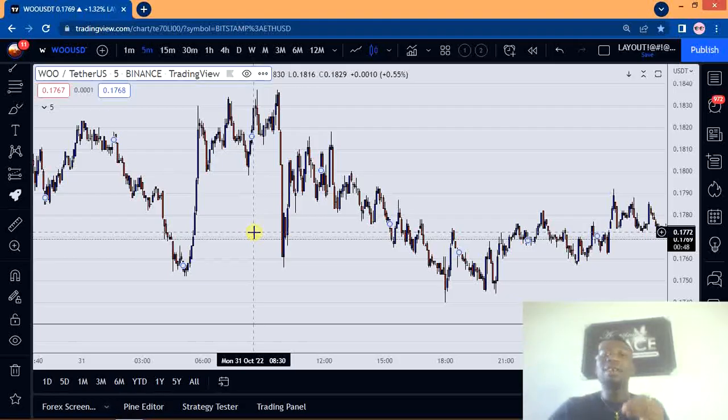I got to a point where I had lots of drawdown, and I felt, what's going on? I mastered and memorized most of the patterns. I even wrote down and followed some plans. But nonetheless, I was still hitting my stop loss. I was still losing money. This was actually what changed a lot of things for me, and I believe it's going to be a game changer for you as well.